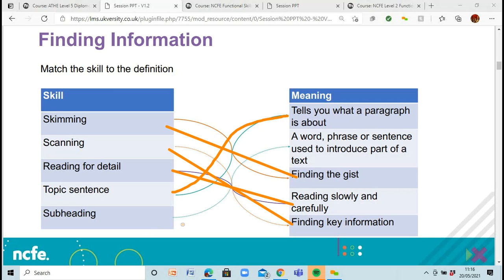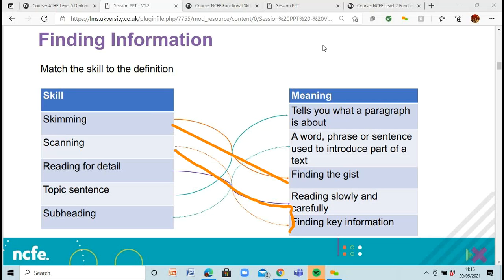And then subheading. A word, phrase, or sorry, no. We've got one of them wrong. We just mixed one of them up. That's me not paying attention. Oh, come on. There you go. It'd be helpful if I could make lines, couldn't it? Finding key information is there. Reading for detail is there. Topic sentence and subheading.